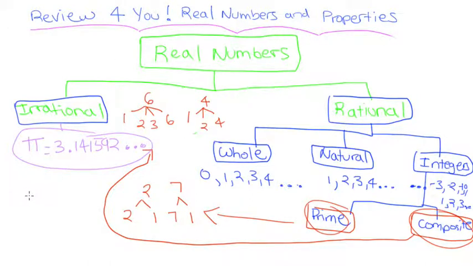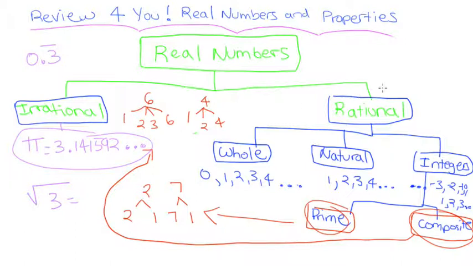Also, the square root of 3. The square root of 3 is also equal to something that goes on forever and never ends. So what if you have a repeating decimal, for example 0.3333333, and it just keeps on going? Is that a rational or irrational number?